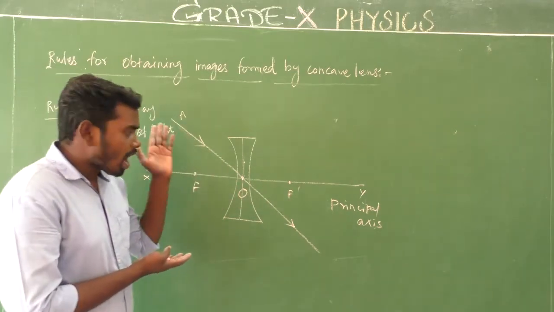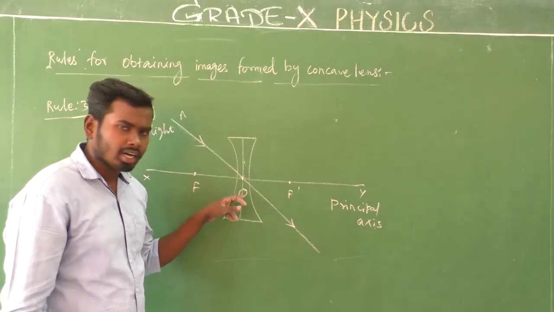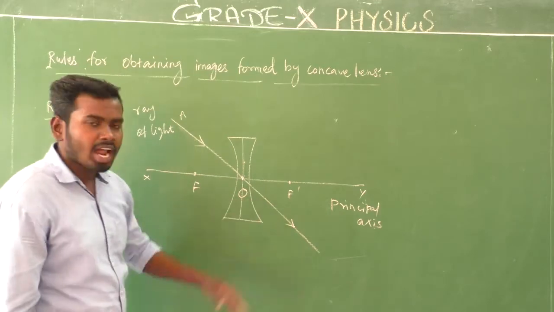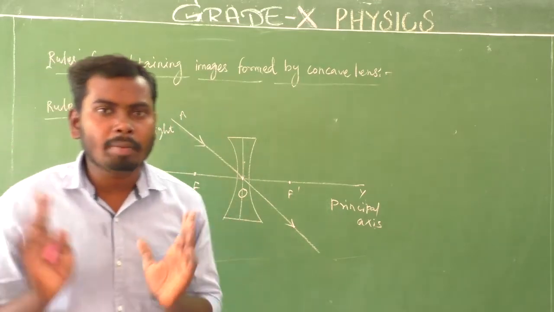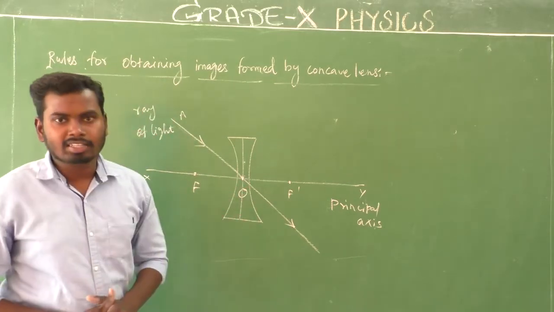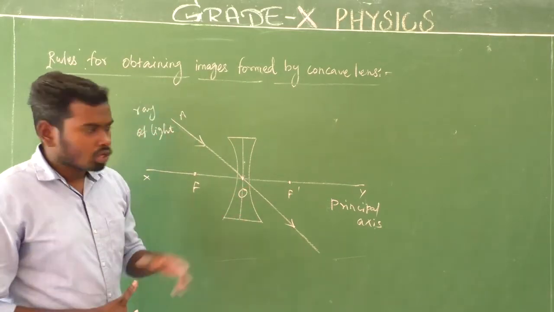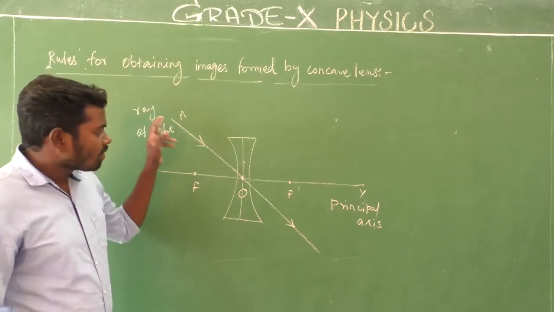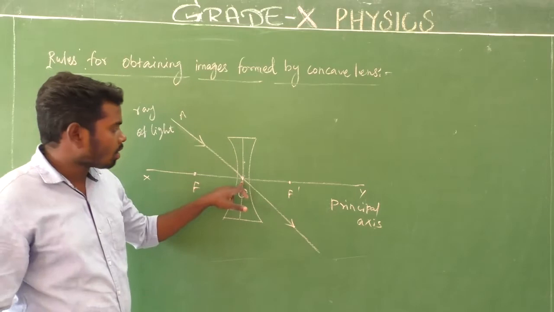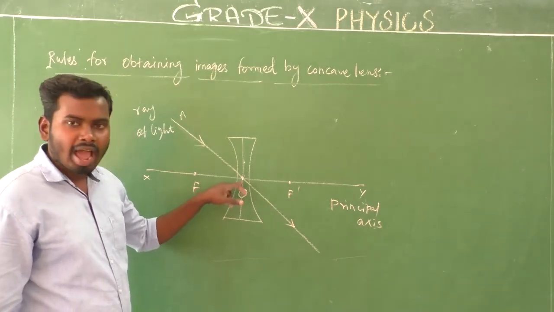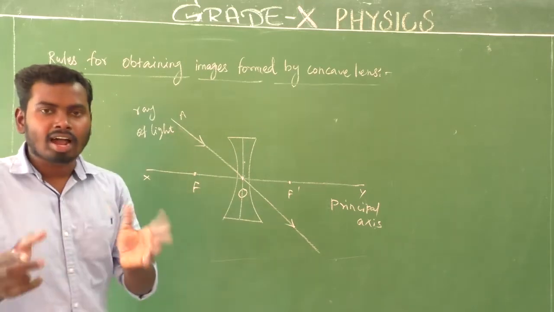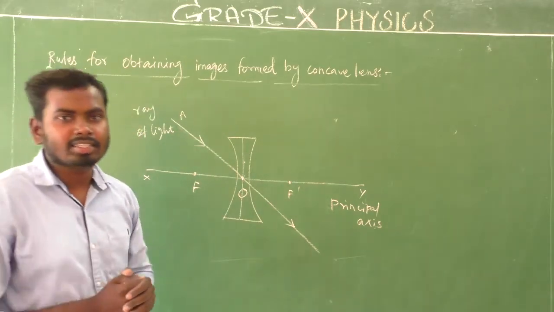After passing through the optical center, light will go in a straight path, without any bending of light. That is a special property of this optical center O. So a ray of light passing through the optical center O goes straight after refraction through a concave lens. That is the third rule.